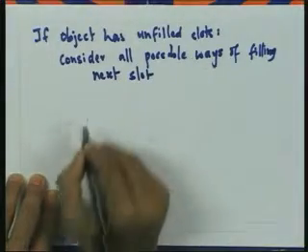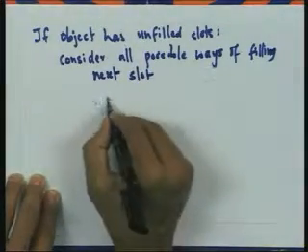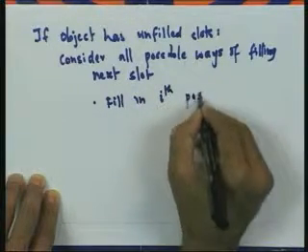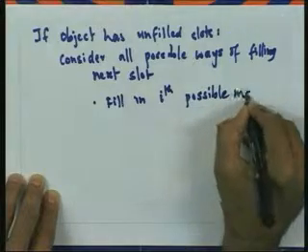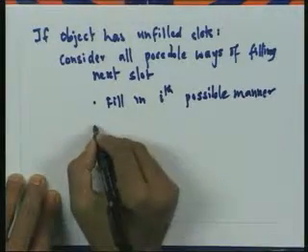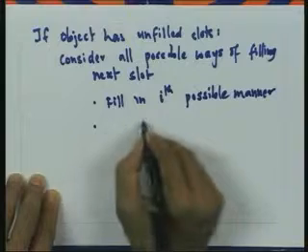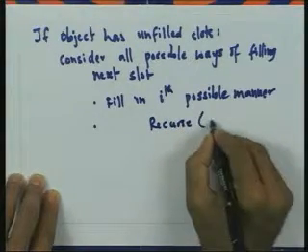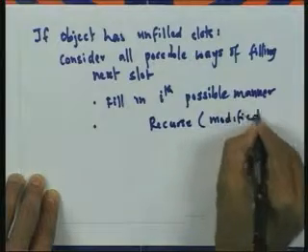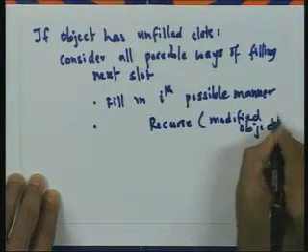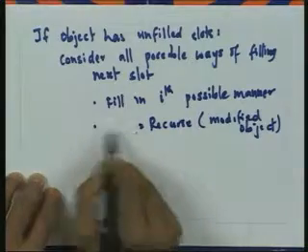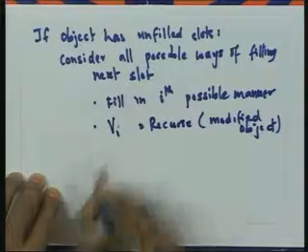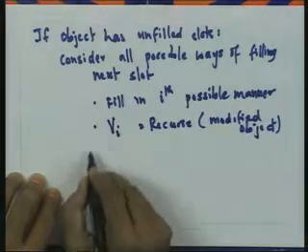So we will fill in the ith possible manner. We will recurse on the modified object, and this recursion will give us a value. So let me call this v sub i. And this will be the end of the loop.